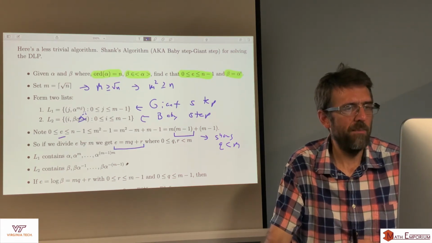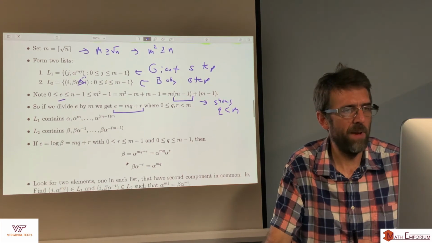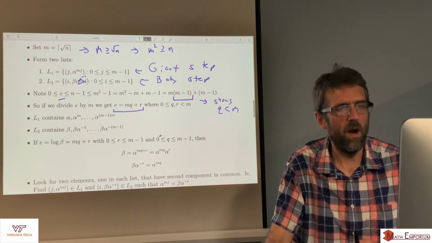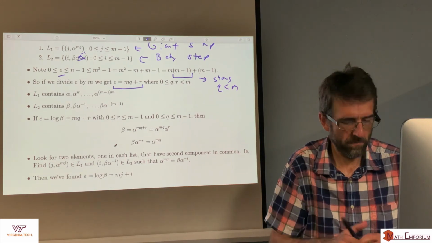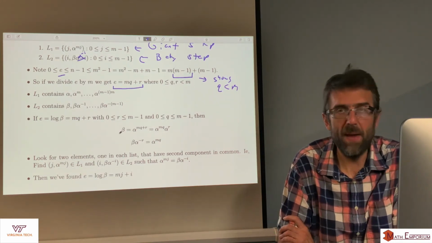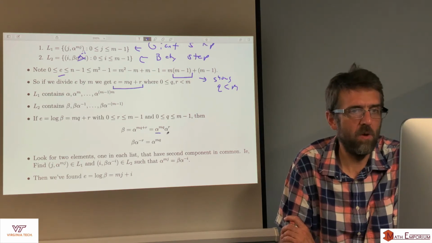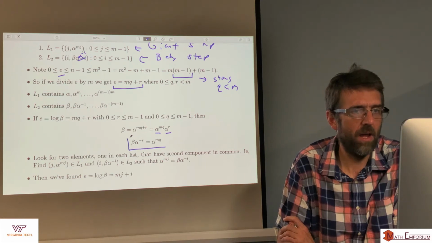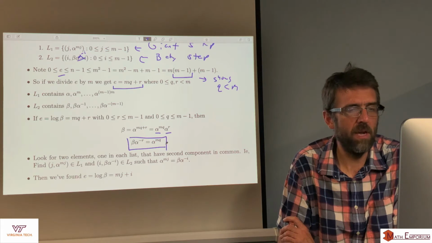So if I write e, the log of beta, as mq plus r, with r and q each in the range from 0 to m minus 1, then I can write beta as alpha to the mq plus r, which is alpha to the mq times alpha to the r. So I can rewrite that equation as beta times alpha to the minus r equals alpha to the mq.